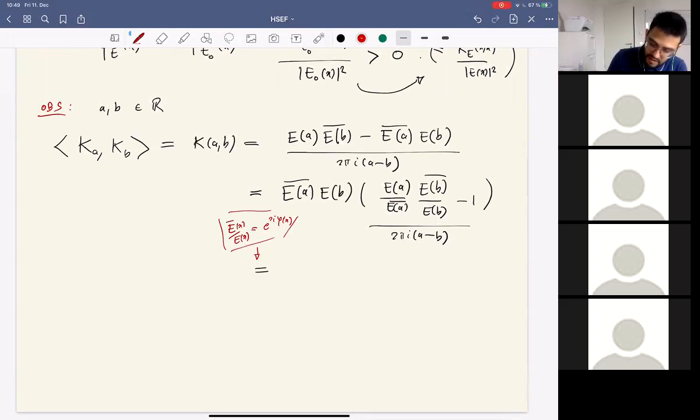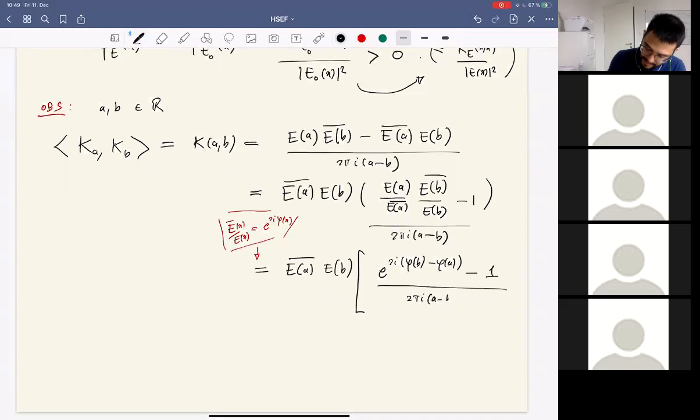So if I use this, what we get is E of A bar, E of B, and in here we get a pretty nice formula, which would be e to the i phi of B minus phi of A, minus 1, divided by 2 pi i (A minus B).